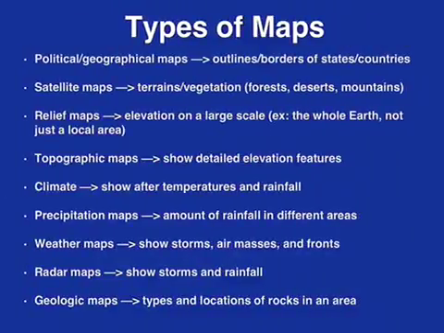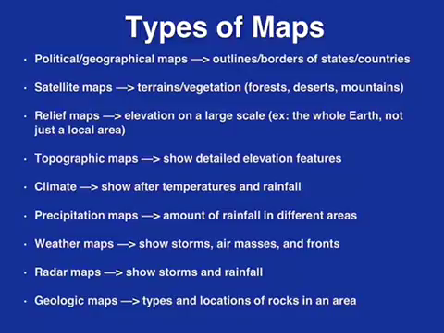Different types of maps include political and geographical maps. These outline the borders of states and countries. We could also outline county maps or sections within the county. There are satellite maps that show terrain and different vegetation types, such as forests and mountains and deserts.